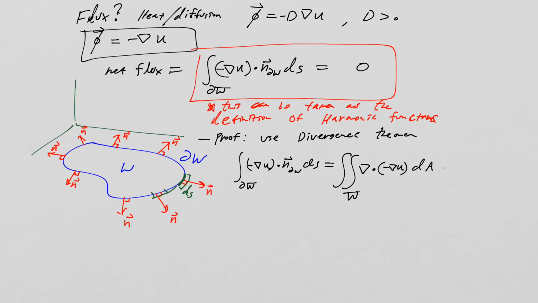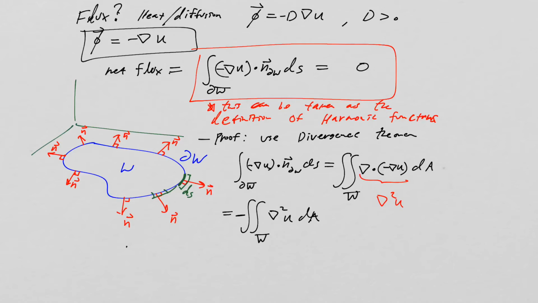Like that. And we all know, right here, that's just going to turn into Laplace's equation as defined. So what we can write is, of course, the double integral over W of, and I can move the negative outside. The negative doesn't matter at all.